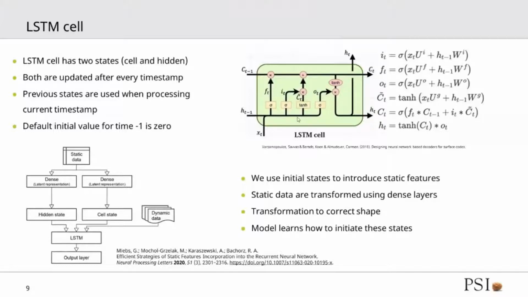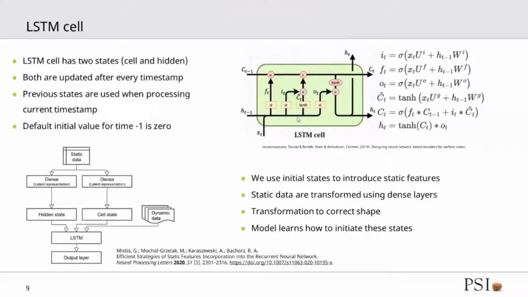So when we work with an input at a given timestamp, then the states from the previous timestamp are used, then they are updated and will be used in the next timestamp, and this goes on when we iterate through the whole time series. And one can ask a question: what is the value of this state at the beginning, since there were no previous timestamps, so we don't have any value. And these are the so-called initial states, which are by default equal to 0.